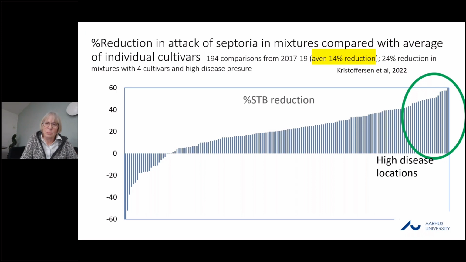The benefits from growing the mixtures we have studied in various projects, particularly a PhD study done by Rose Christoffersen, and there we can see over time an overall benefit on Septoria tritici blotch of a 14% reduction in disease in the mixture compared to the components in the mixture. And if we include varieties with more susceptibility, then the benefit is even bigger. It's also an indication that 4 cultivars is better than 2 cultivars in the mixture, so that is also playing a role.